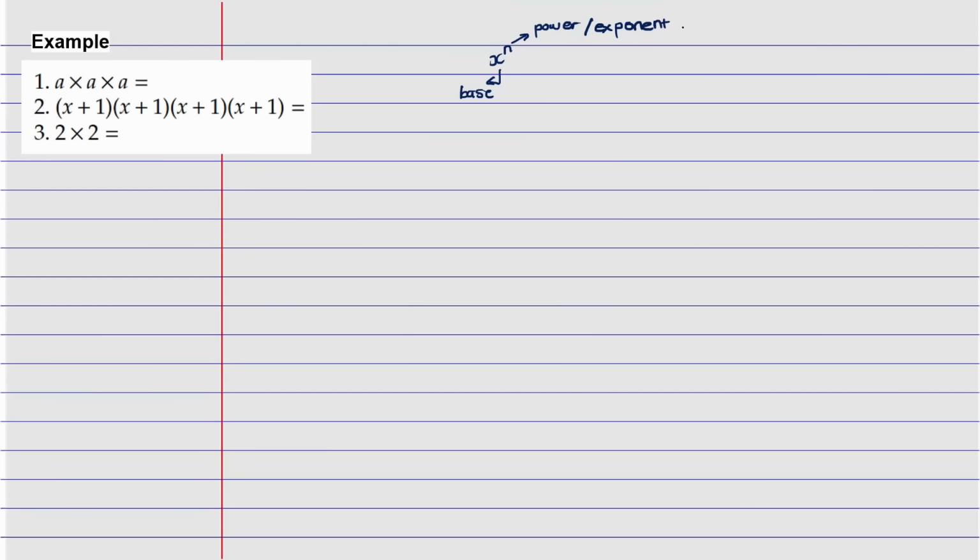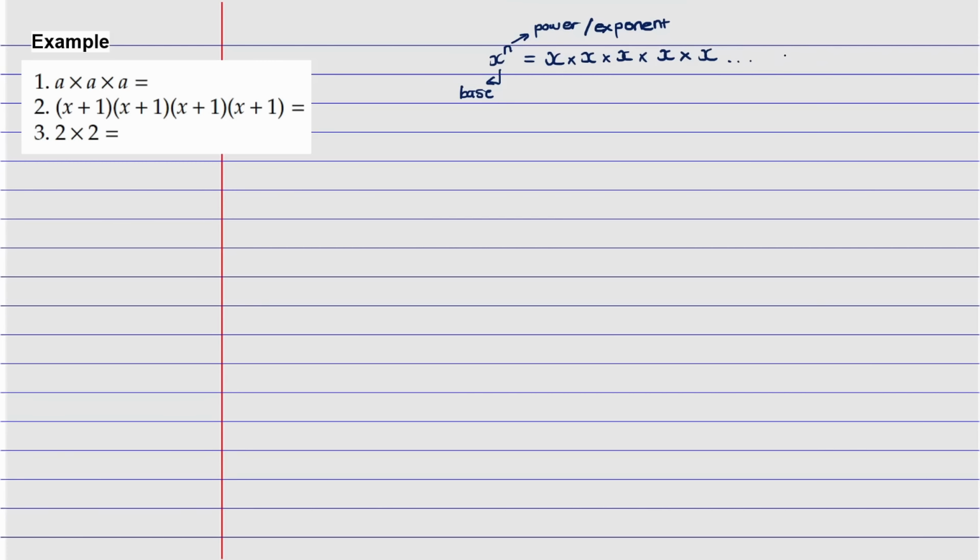This x is a base and it is to the power of something. When you rewrite it, it is the same as multiplying x n times. So this is the same as saying x multiplied by x multiplied by x multiplied by x, till n times.